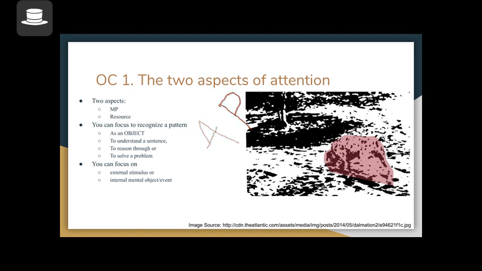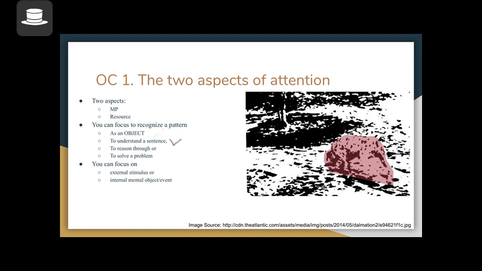Now, we use this focus, we use this perception process in almost everything we do. For instance, if you're looking at an object, you focus in order to perceive it as an object. If you're reading a sentence, you'll focus on individual words in order for you to understand the individual words, then the entire sentence.